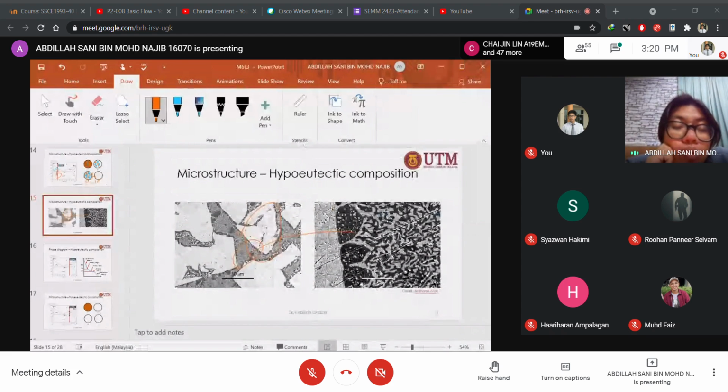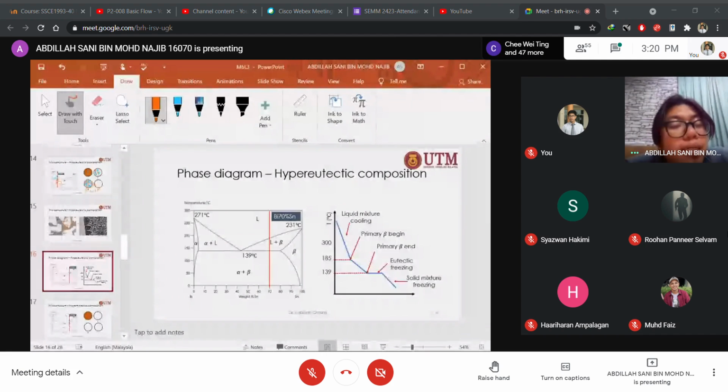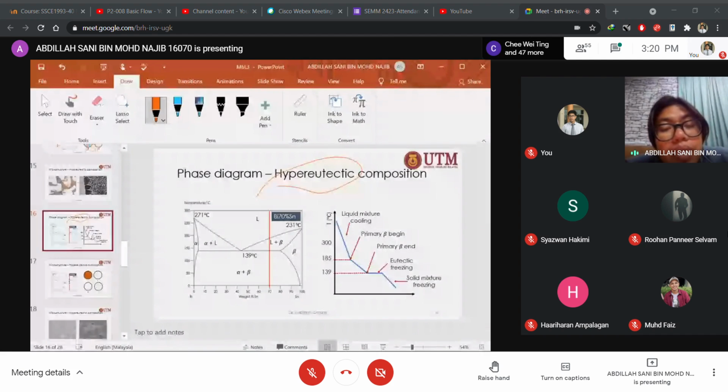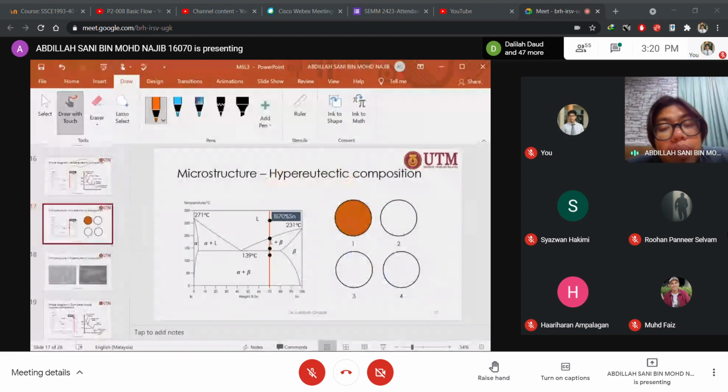Okay, so that is hypo eutectic, and if we go to the right, we have hyper eutectic, and the story is the same for hyper eutectic, only inverse. So you will have the formation of beta first, primary beta.